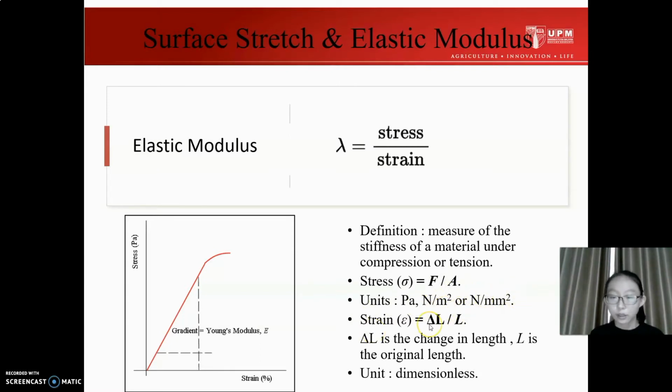The strain is equal to the change in length over original length, and the unit is dimensionless. For the elastic modulus, the unit is Pascal or Newton per meter square or Newton per millimeter square. And here is the graph for the elastic modulus.